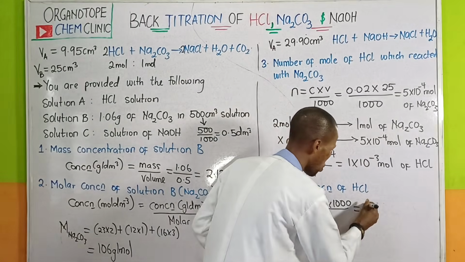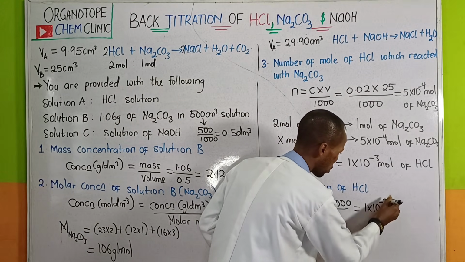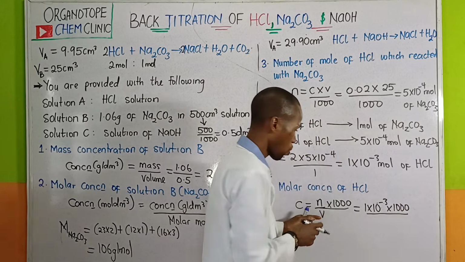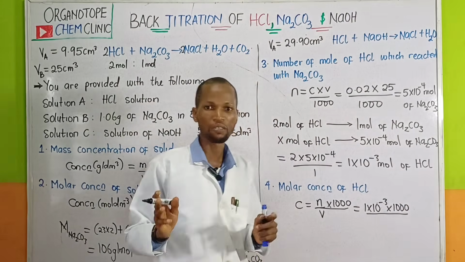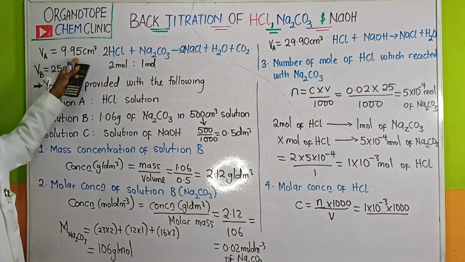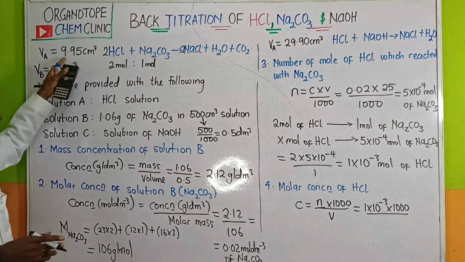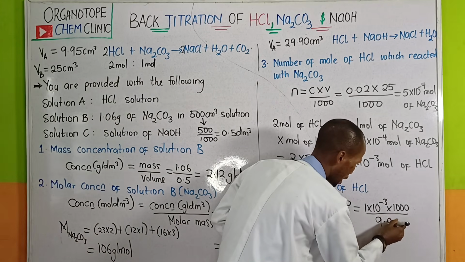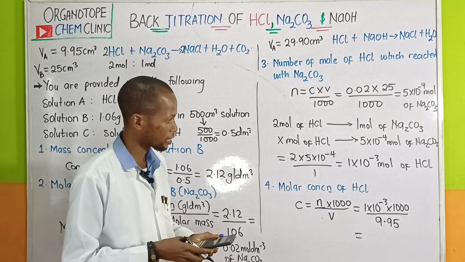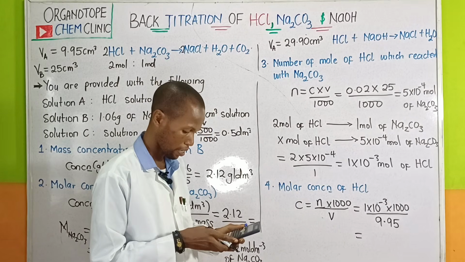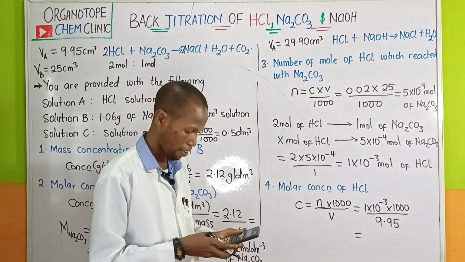That's right, we have 1 times 10 raised to the power minus 3 times 1000 divided by the volume of hydrochloric acid. From the titrometric analysis, the average volume of acid used is 9.95. So we have 1 times 10 raised to the power minus 3 times 1000 divided by 9.95.